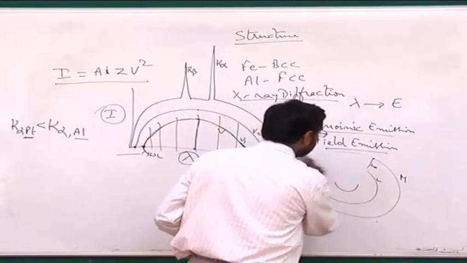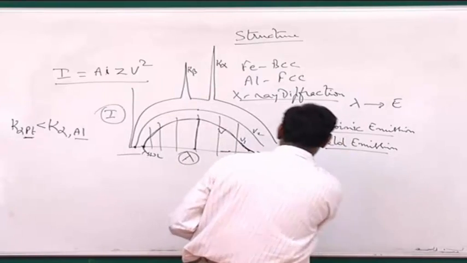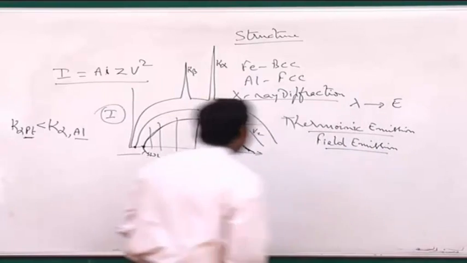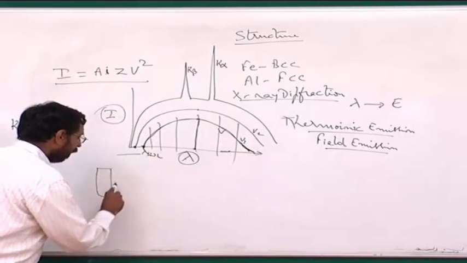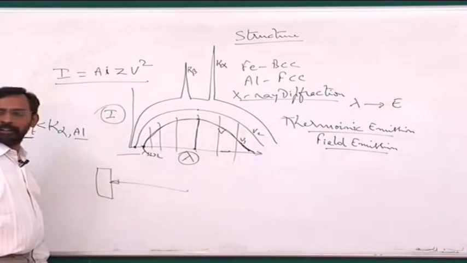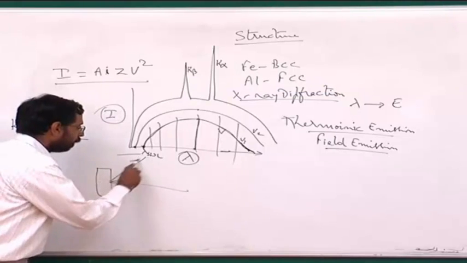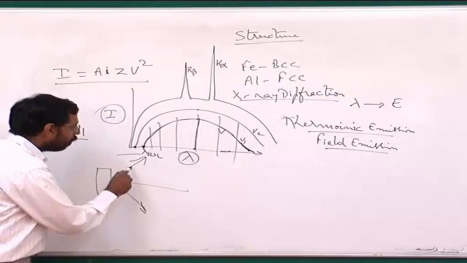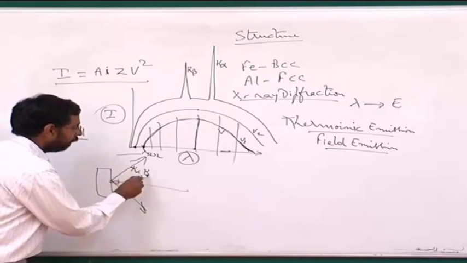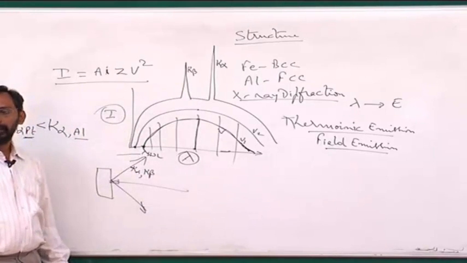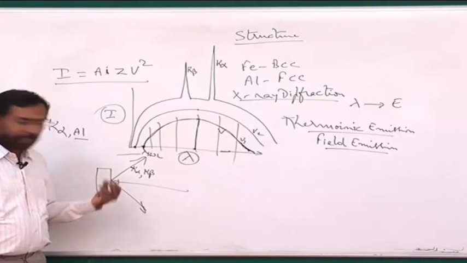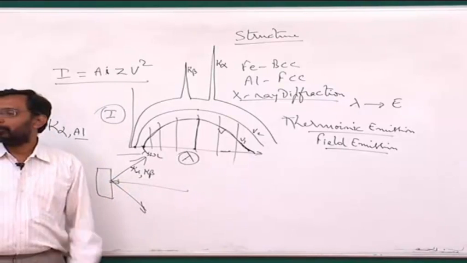But the problem that we always face is that the X-rays that are coming out of my target, onto which the electrons have fallen, have both K alpha and K beta inside them. Maybe also L alpha. And this makes the whole life more difficult.